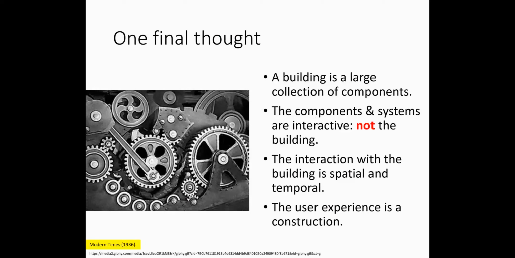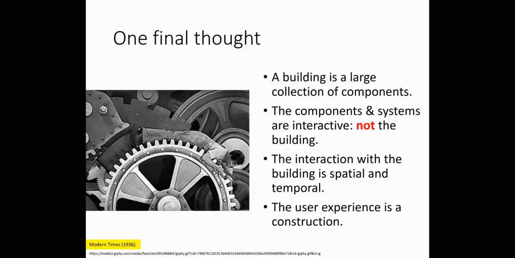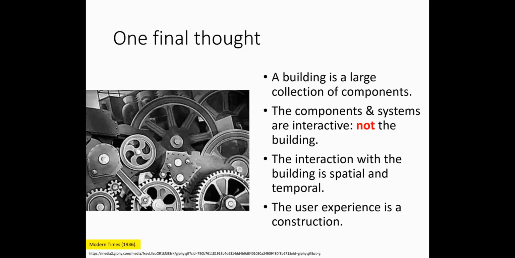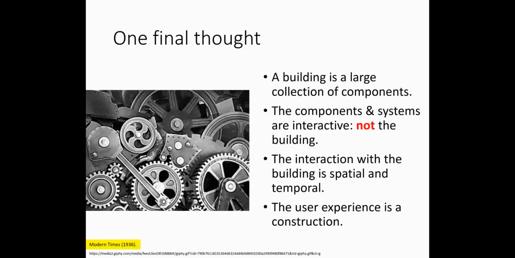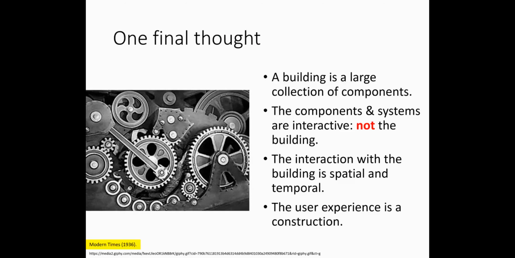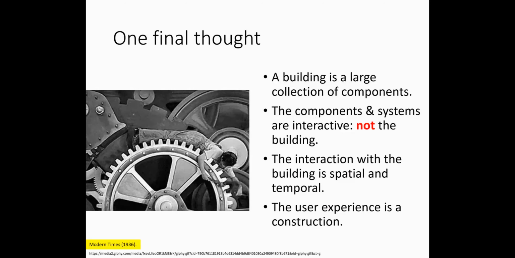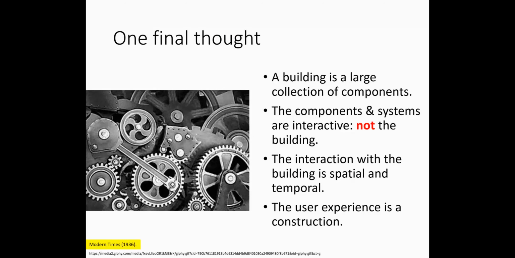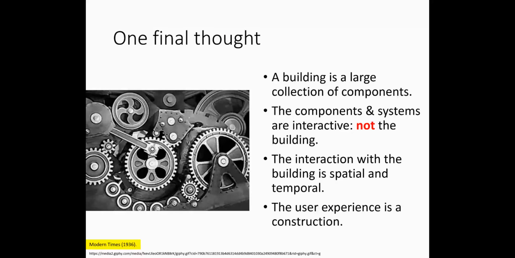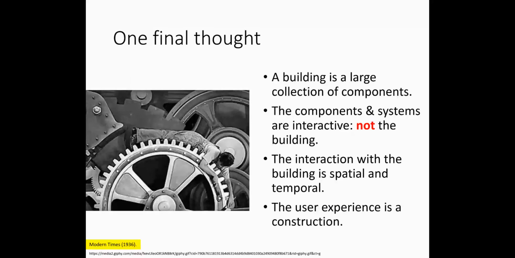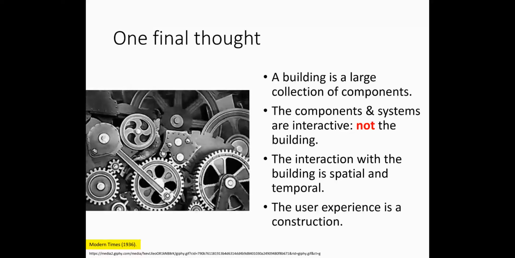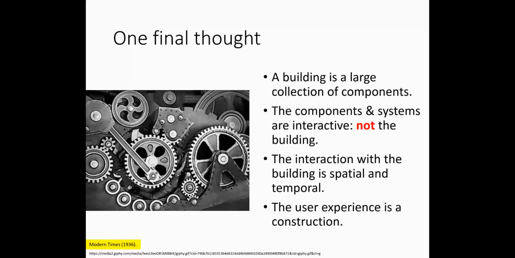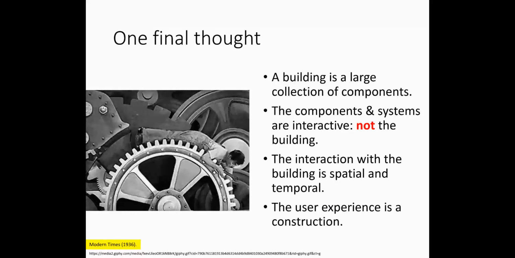Now, one final thought about thinking about these attitudes and interaction and architecture is, of course, that if we look at buildings, then buildings by nature and definition are very large collections of components. And it's the components and the systems that make up the building that are interactive.